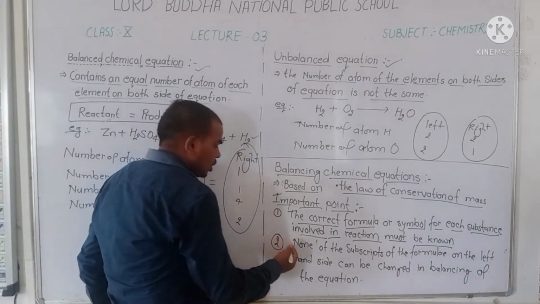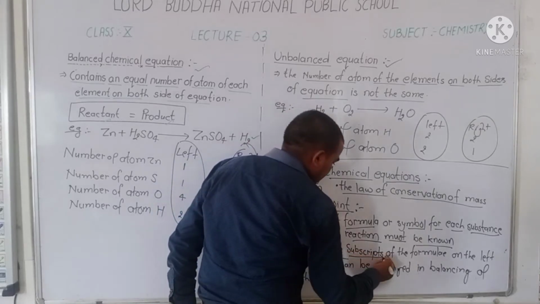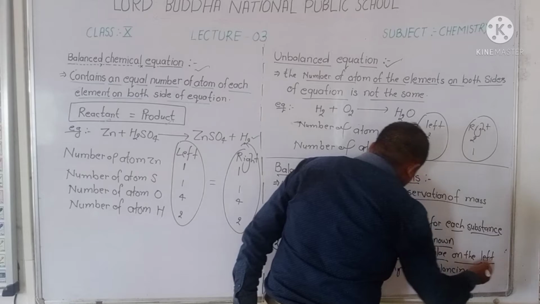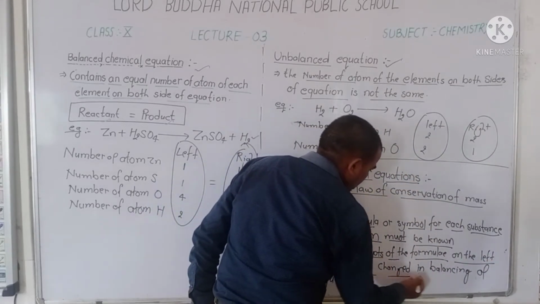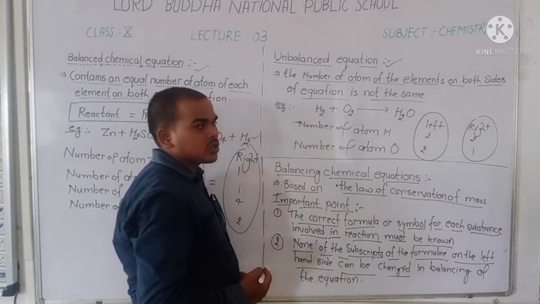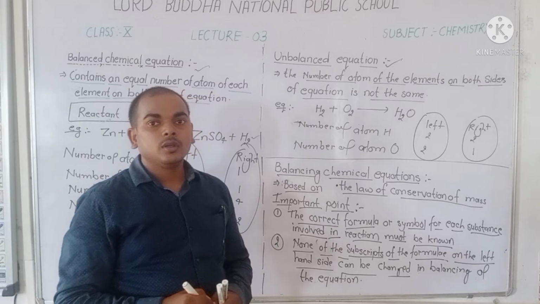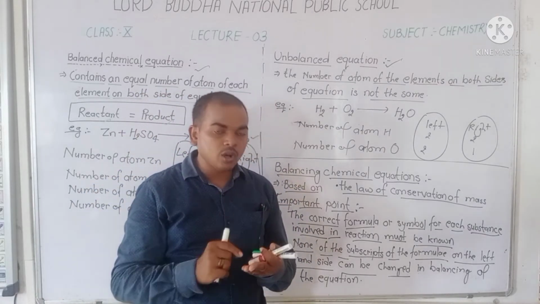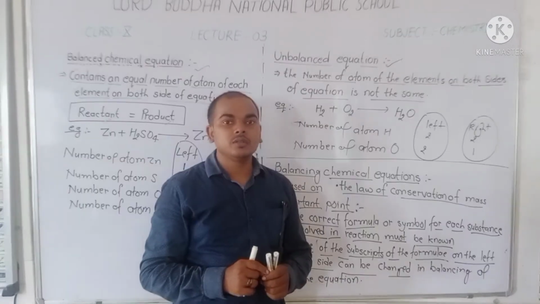Second, none of the subscripts of the formulas on the left-hand side can be changed in the balancing of a chemical equation. It is a very important point. Always remember, do not change the subscript of the reactant.